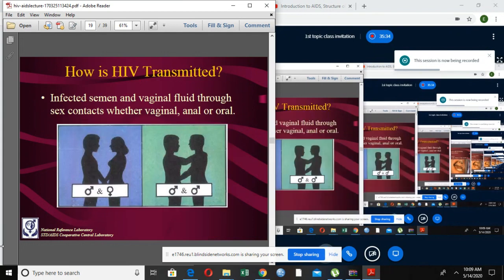Now, how is HIV and AIDS transmitted? As I said when I was introducing the topic, HIV is transmitted through semen and vaginal fluid, through sexual contact, whether vaginal, anal, or oral.